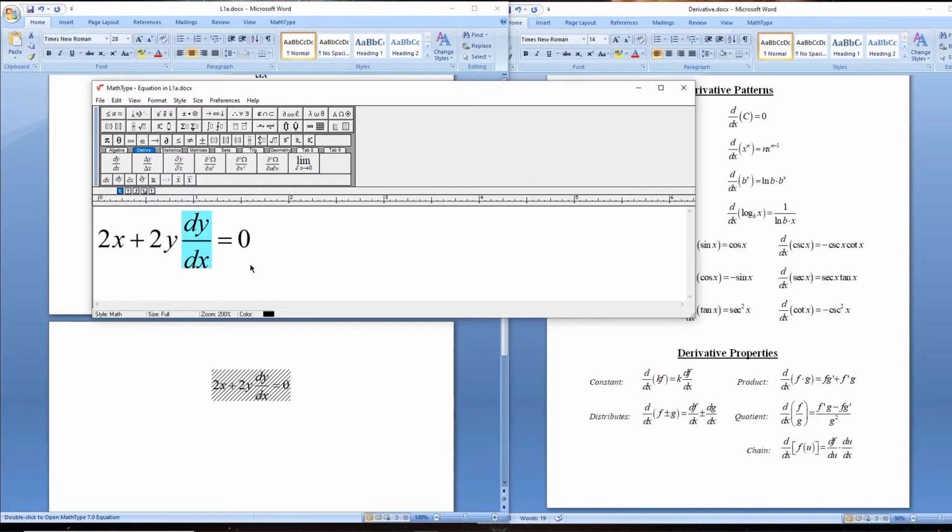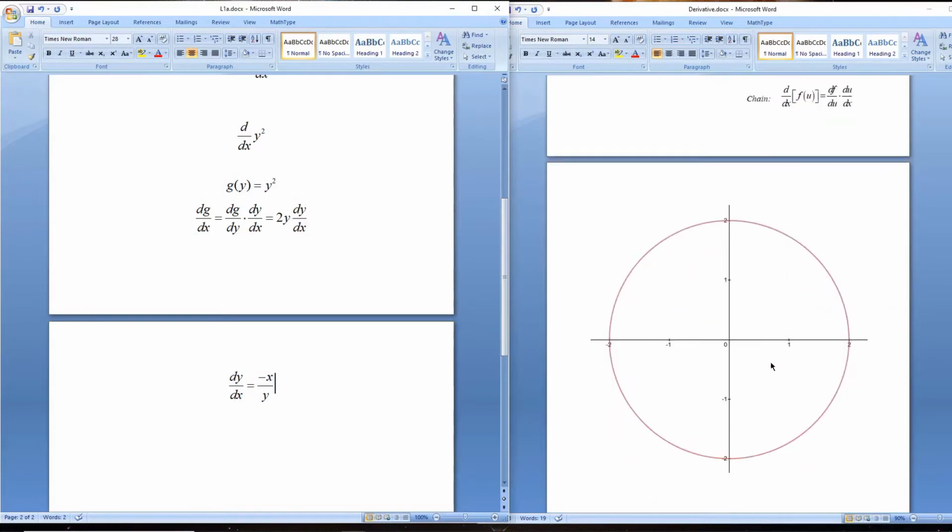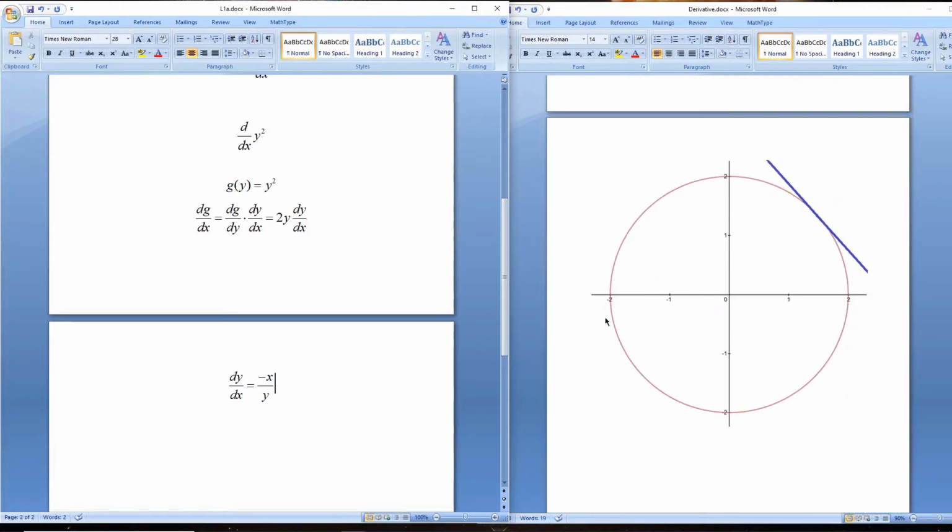And now we just solve for it. So we'll subtract minus 2x from both sides. Then we'll divide both sides by 2y. The 2's will divide out, and there's our derivative. And that is the derivative of a circle.